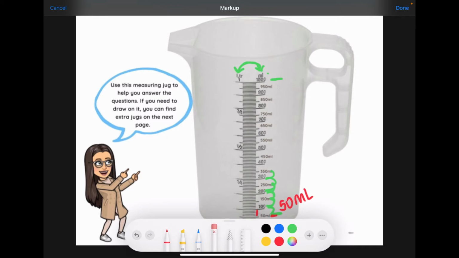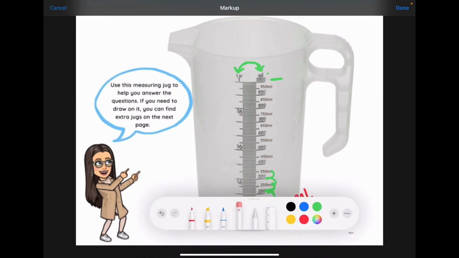And we can also see on the other side where they've also given us the fractions, and at the halfway mark, which is here, is 500, and we know that half of 1,000 is 500. Okay, so let's get started on answering the question.